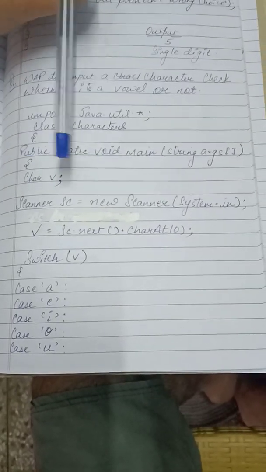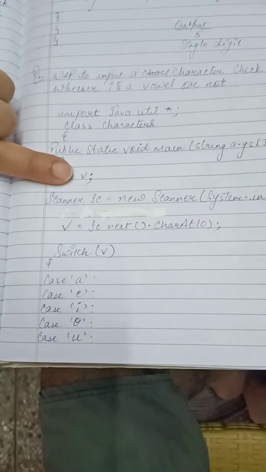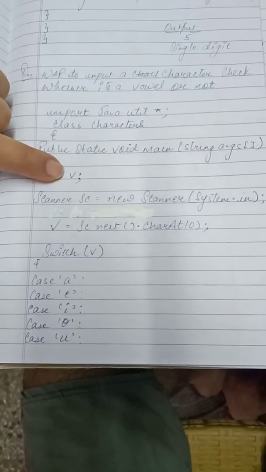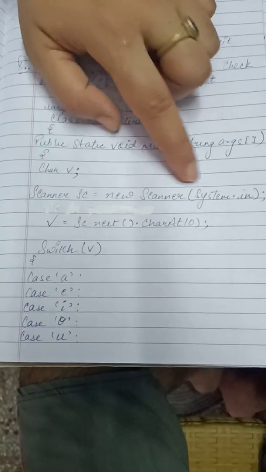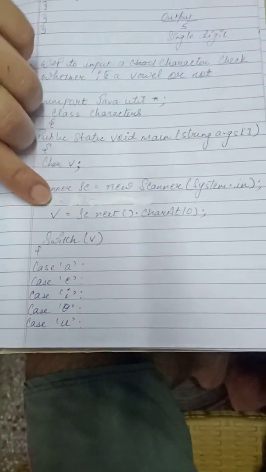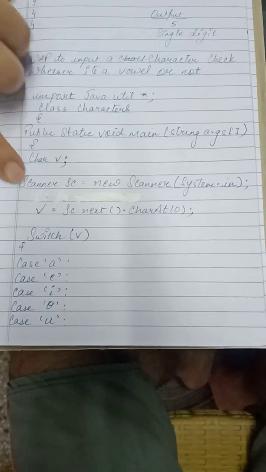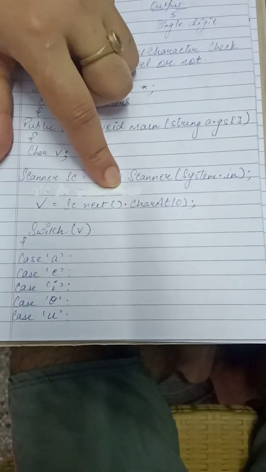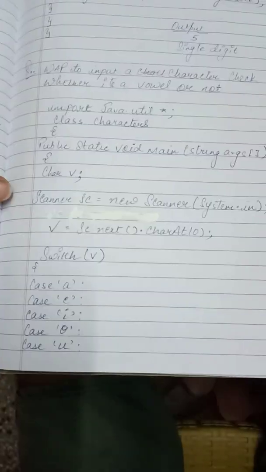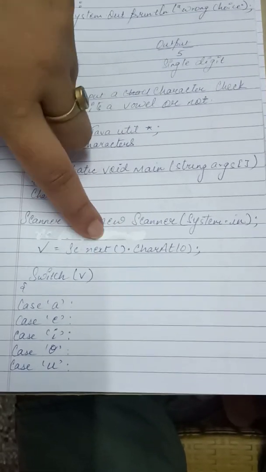Now I have taken char v as the variable for checking whether the character is a vowel or not. I have taken the Scanner class. Now v is equal to, how do we take the input for a character? This concept is really different. Now v = sc.next().